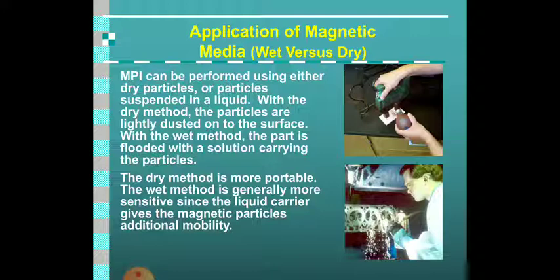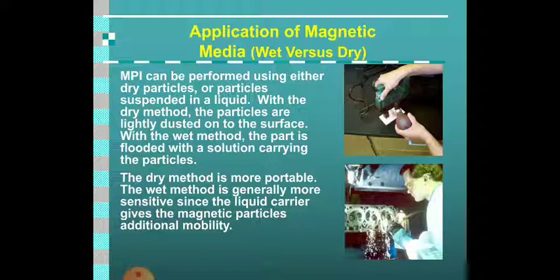These are the two types, the dry types and the wet types, and they play a very vital role. One is the dry method, wherein the dry magnetic particles or powder is sprinkled on the workpiece, and the other is the wet method, using wet magnetic particles suspended in a liquid. The dry powder is more satisfactory on rough surfaces and provides the greatest portability of inspection.